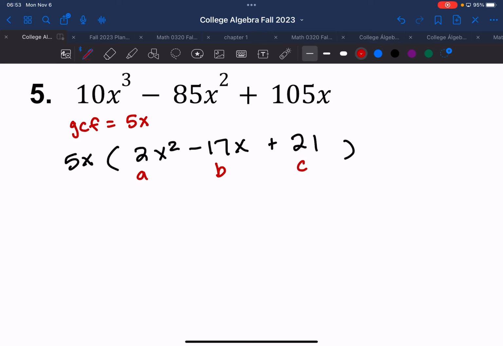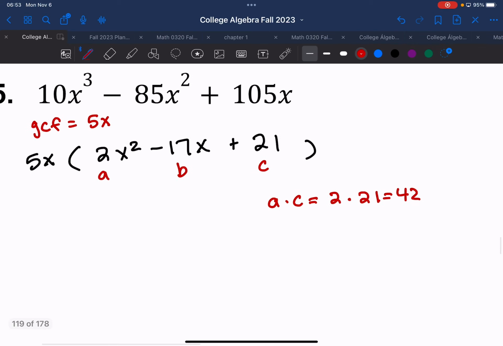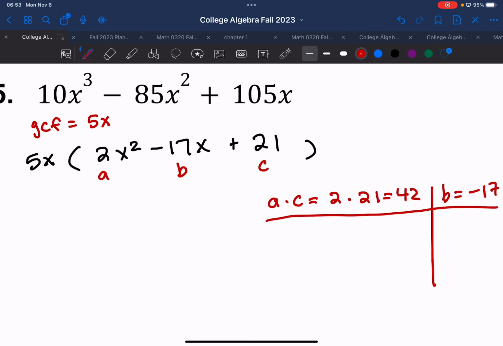A times C. So A times C is going to be 2 times 21, which gives us 42. And then our B value is what number? Negative 17. So we need two numbers that multiply to 42, but add to negative 17.